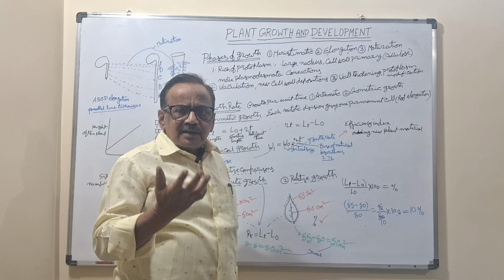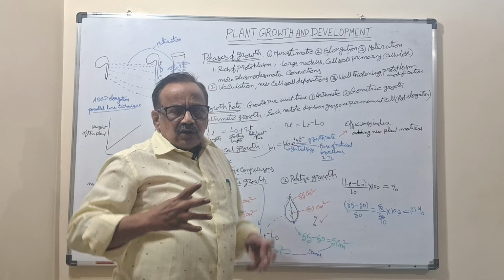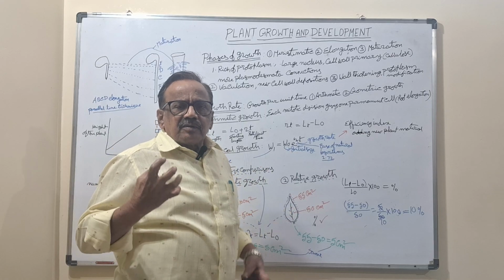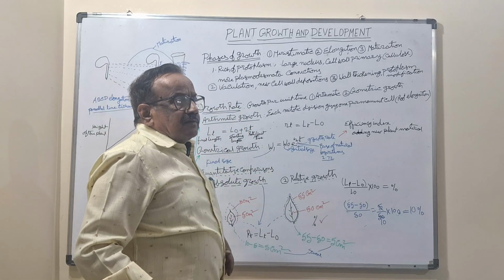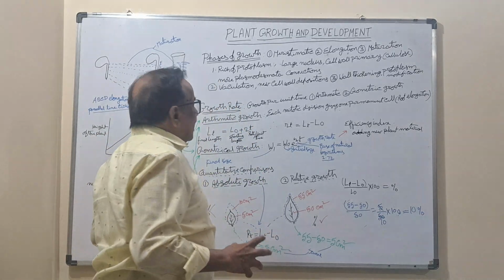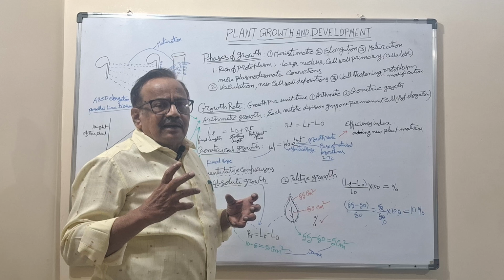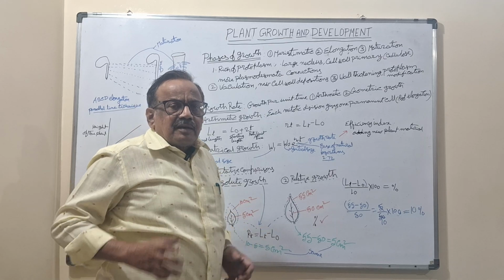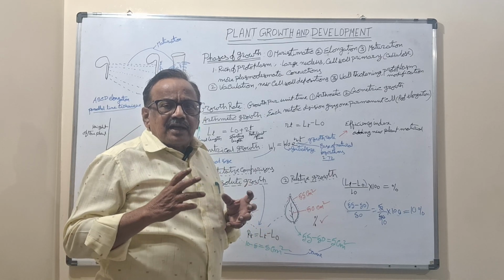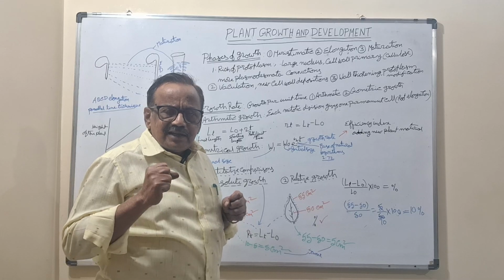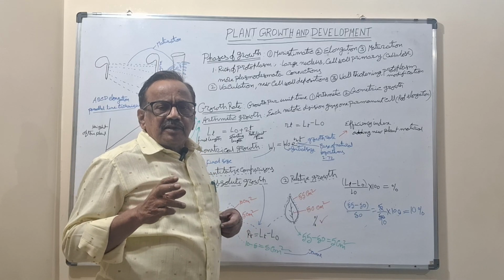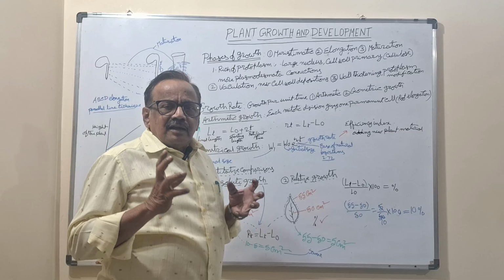All of you know the cell division you read. So when they are actively dividing, very rich protoplasm will be there, and it is highly dense and thick, because all the nutrients and requirements needed for cell division are present in the cell. So the protoplasm will be thick and highly dense.